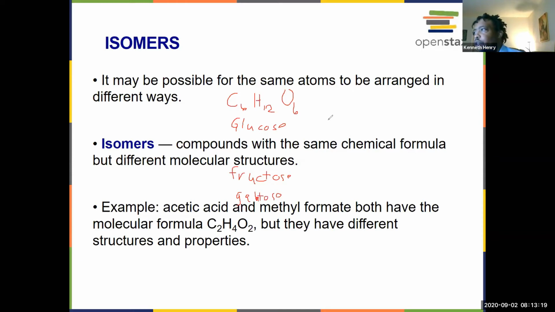So for instance, glucose is a six-ring carbon chain.